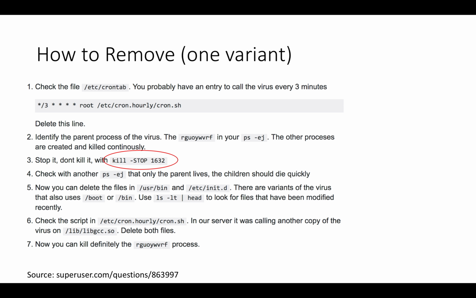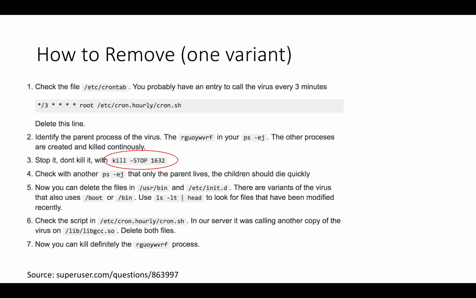All the children will die quickly because they can't speak to the parent anymore. Then you can go out and delete the files in all the different locations like /usr/bin, /etc/init.d, /boot, and bin. There are a bunch of locations that it was in, and you could see that on the original slide I had as well. You've got to clean out the cron file itself, get rid of the entries inside of there, in the lib directory, all that kind of stuff.